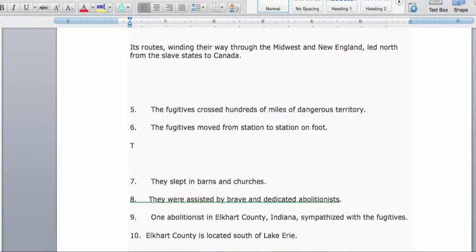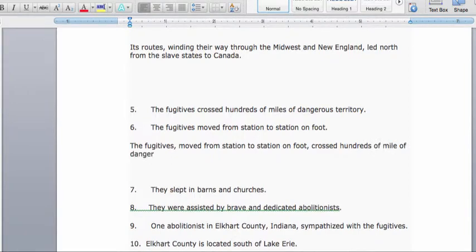I could say the fugitives, and then interrupt it again, like I did for the first one that I combined. See how I did that? I just put that in much like I did to this one up here, since it was fugitives and fugitives.